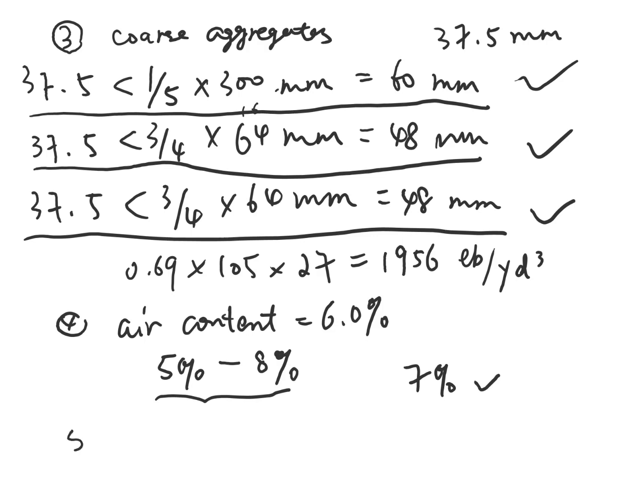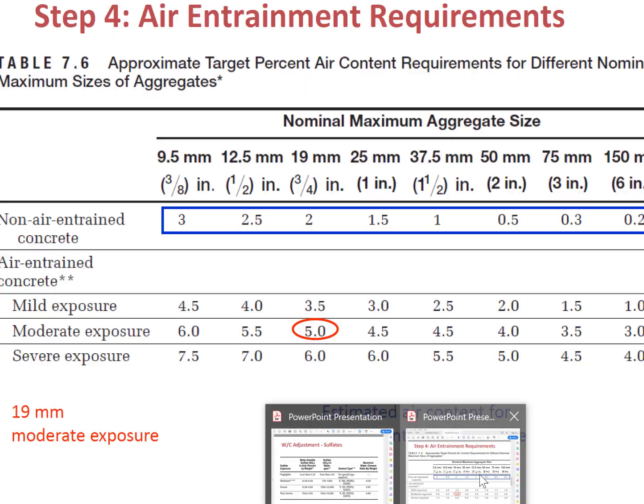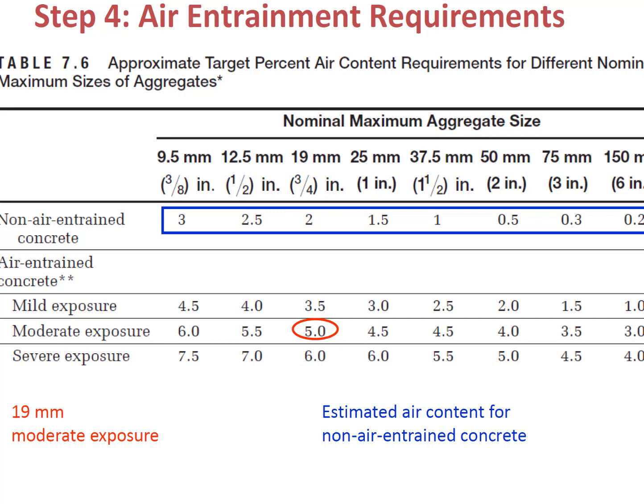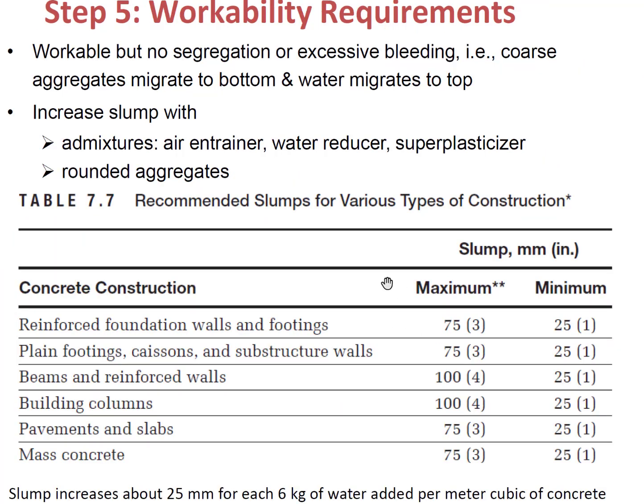And the next step, let's determine the workability. So let's check the previous slides. After we determine the air content, we determine the workability requirement about this project. So we can check this table.